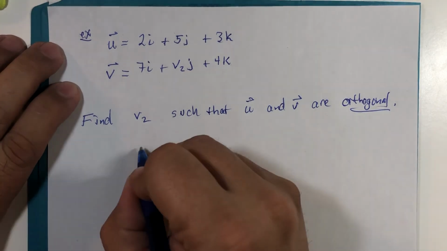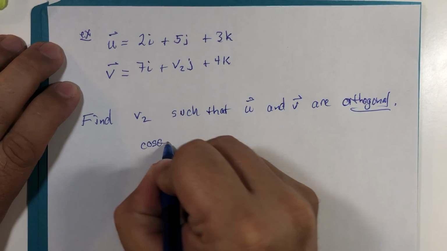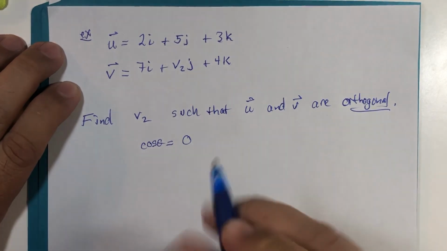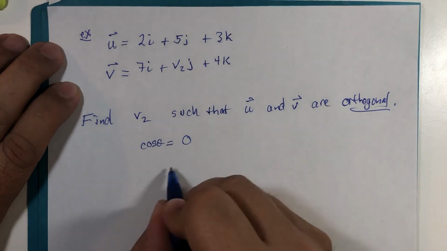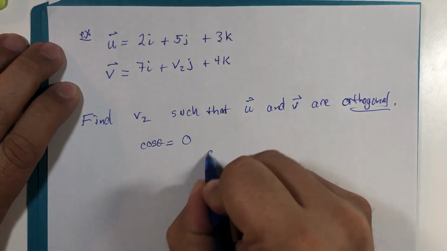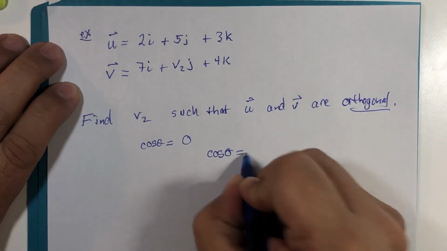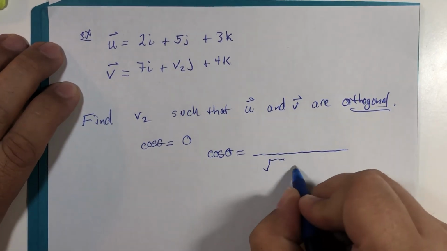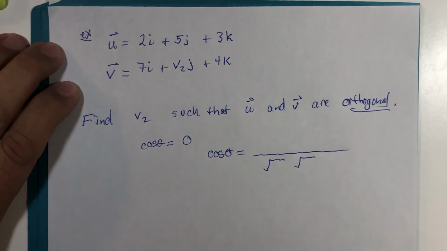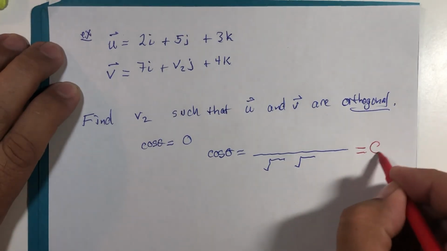We want the cosine of theta to be 0. And we just saw that in order for the cosine of theta to be 0, we would start by doing the calculation of the dot product over their two magnitudes, and we would want this to be 0.